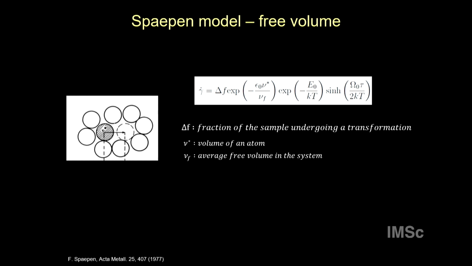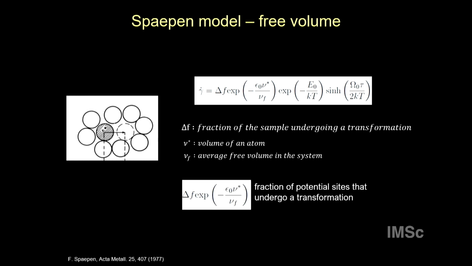One of the important elements that he introduced into this model is the concept of free volume. If you have an atom, it can undergo rearrangement only if there is sufficient volume for it to move. So he introduced this idea of free volume. The first term here is the fraction of potential sites that undergo a transformation.